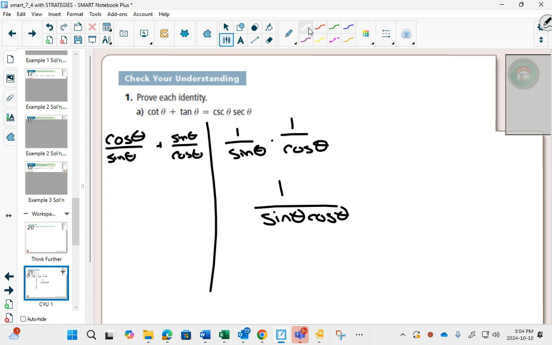Single fraction. On the left-hand side, I'm adding fractions. How do you add fractions? We say a common denominator. So the same thing on the bottom. In other words, I would have to multiply this bottom by cos theta and cos theta, and this one by sine theta and sine theta.